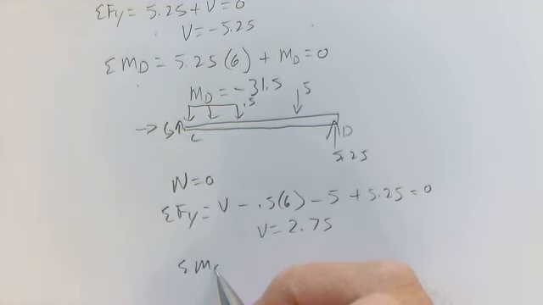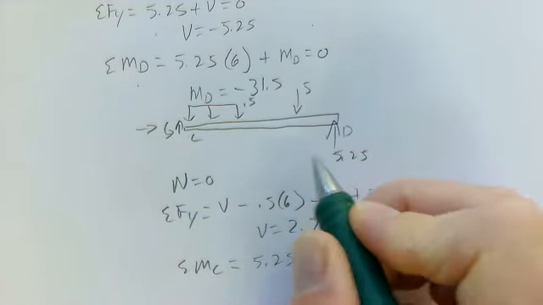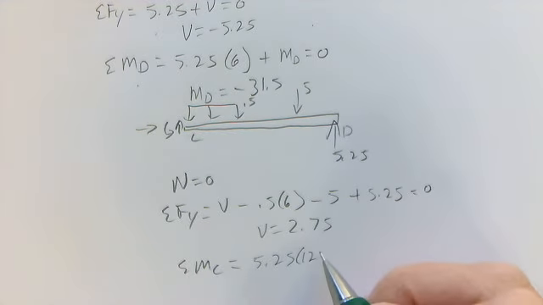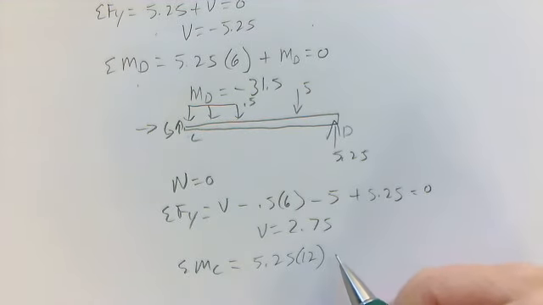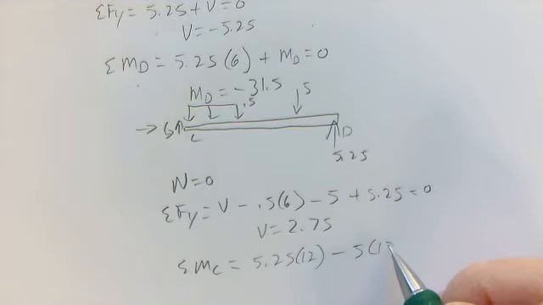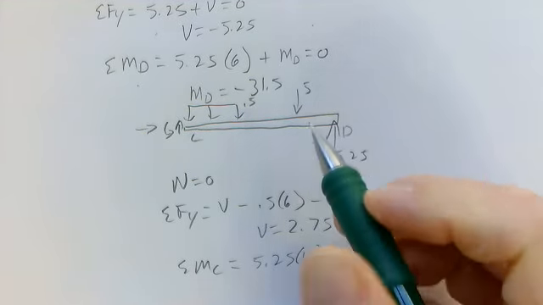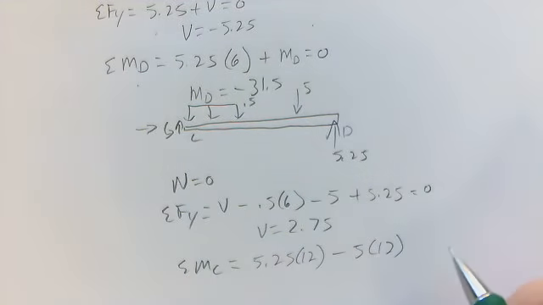Sum the moments about C. We've got 5.25 times that distance, which is 12, and that's going to be positive because it's causing rotation in the counterclockwise direction. Minus 5 times 12, that's causing rotation that way.